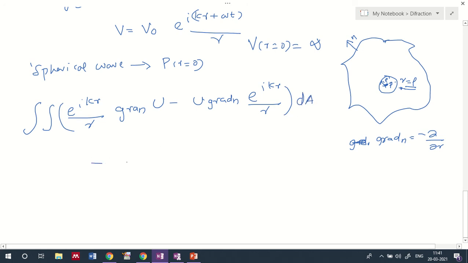Now we need to subtract the area of that small sphere, that is the double integral of e raised to ikr by r, then dou u by dou r minus u dou by dou r e raised to ikr by r.